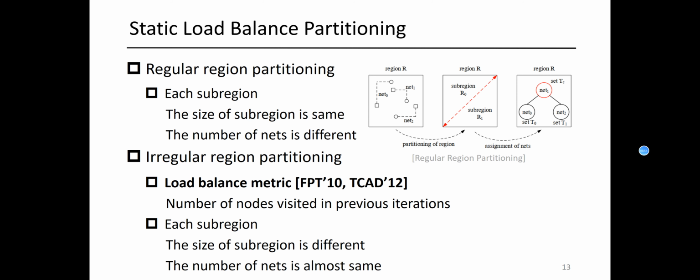In the irregular region partitioning, we impose a load balance metric, the number of nodes visited in the previous iterations, which is used in previous works, such as FPT-TCAD. In this way, the size of subregion is different, and the number of nets in the set is almost the same. This ensures the load balance between cores before parallel routing.